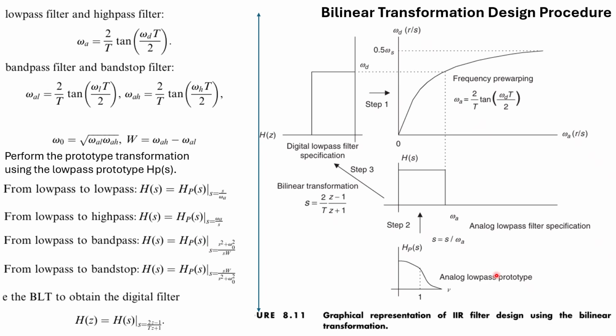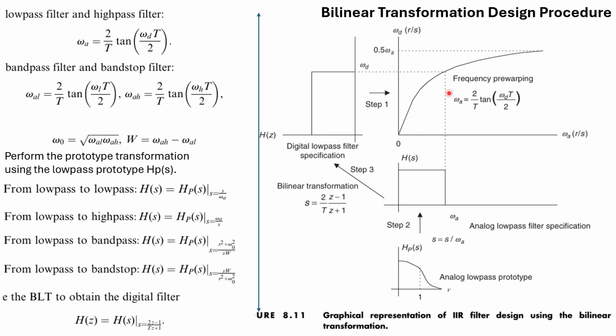So here are the steps, how will you get it? First, the analog filter is there, the analog low pass filter, and then replace s with s by omega_a, and you will get the analog low pass filter specification. Then replace the value by bilinear transformation, that is s is equal to 2 by T times (z minus 1) divided by (z plus 1), in order to convert to the digital low pass filter, right?